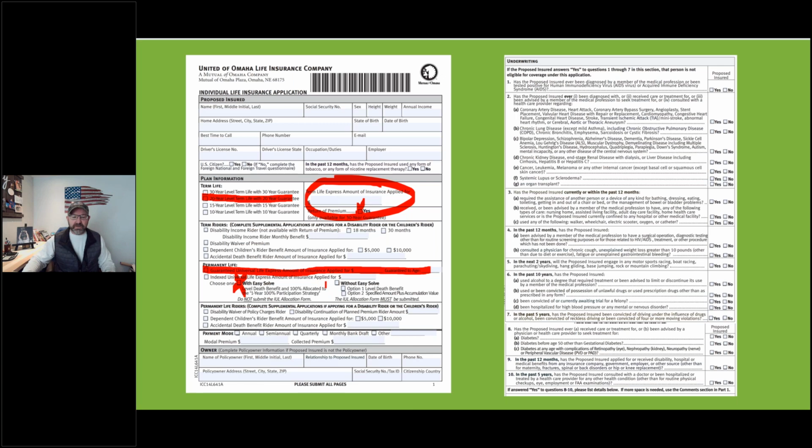Without EasySolve is when you're specifying a specific premium amount because you're allocating more money towards the cash value.